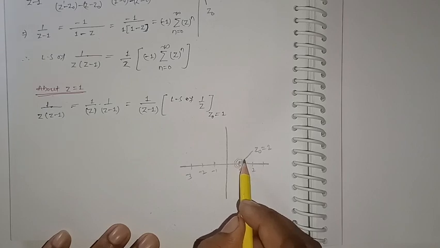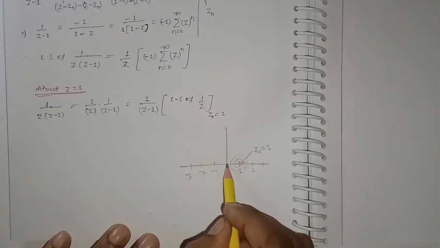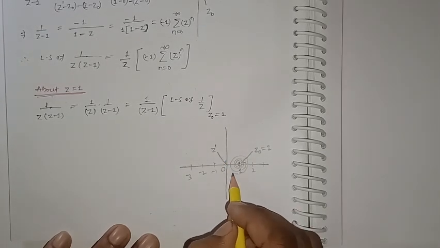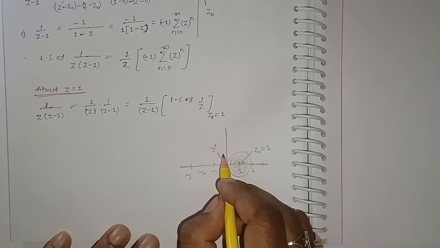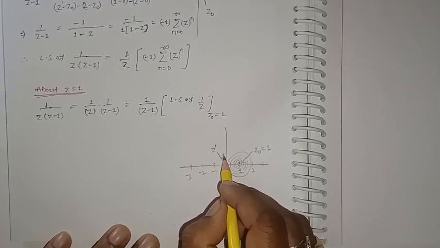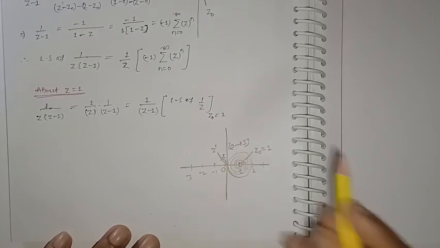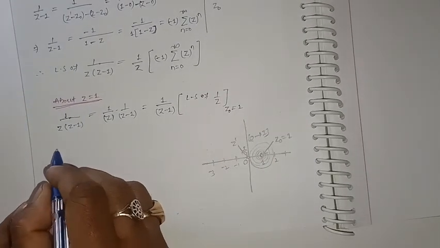When it interacts with a singular point, the singular point is your 0 here. Here is the singular point of this function, z dash. This is 0. It will stop. That means if somebody stands on this singular point and moves into this region, the case is your out to in.